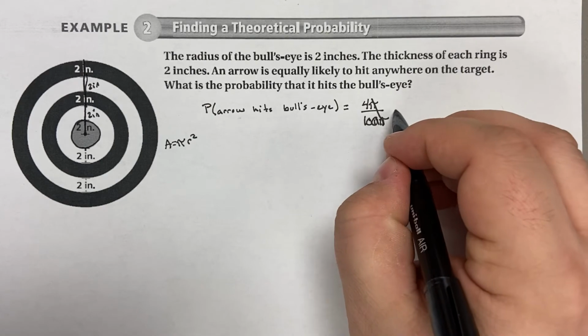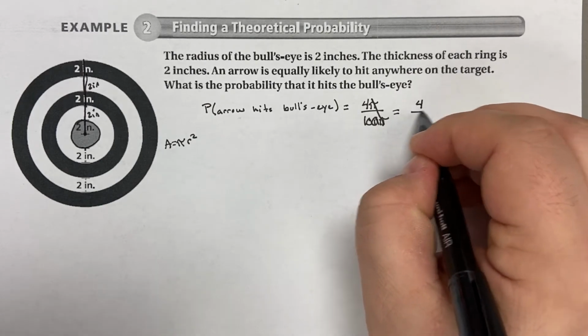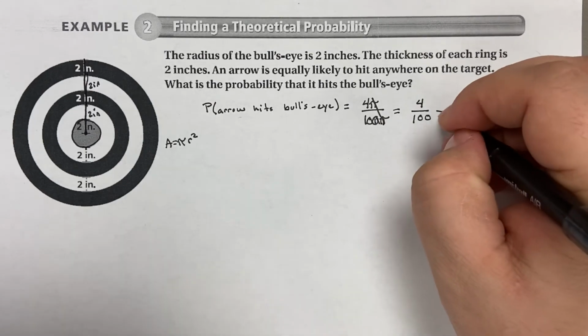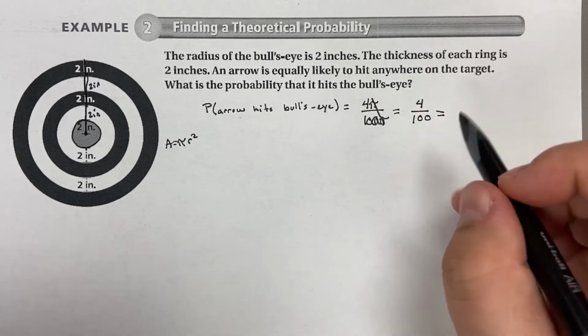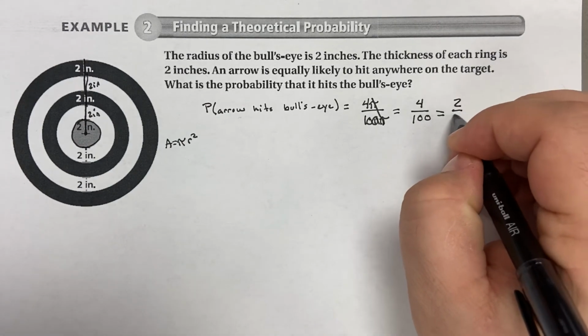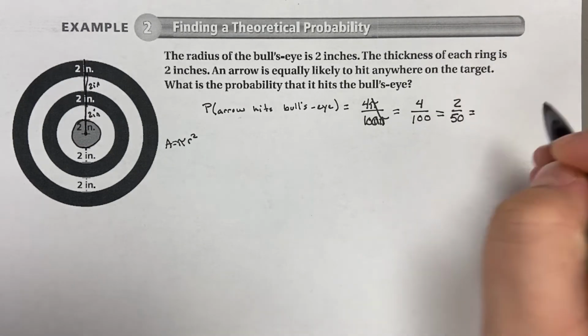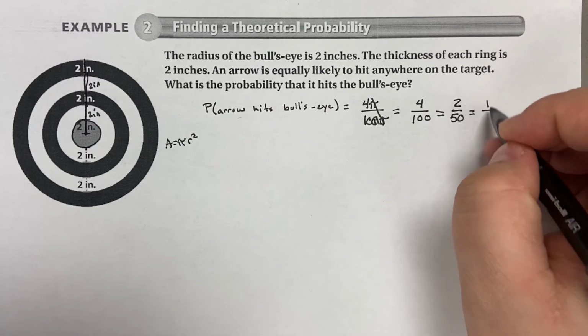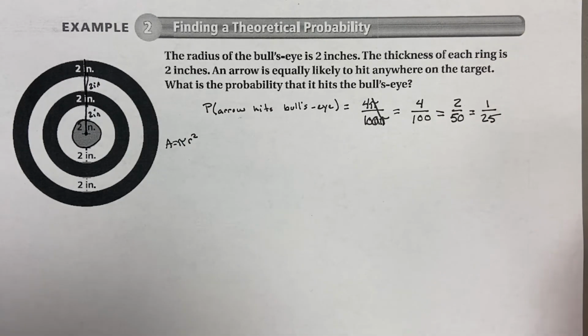So that means this is equal to 4 out of 100. Well, if I'm simplifying because these are even by 2, that means I'm 2 over 50, and I'm still even, so I divide each one by 2 again. I get 1 over 25.